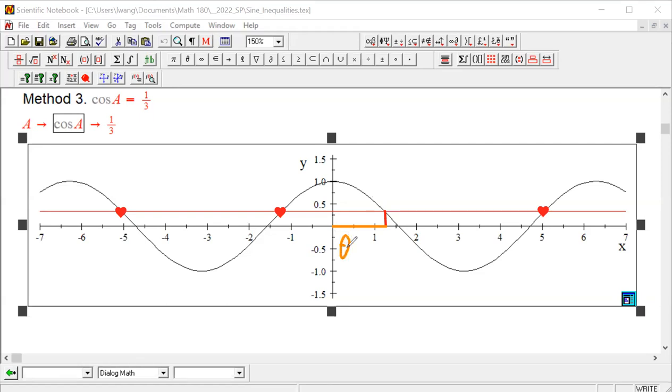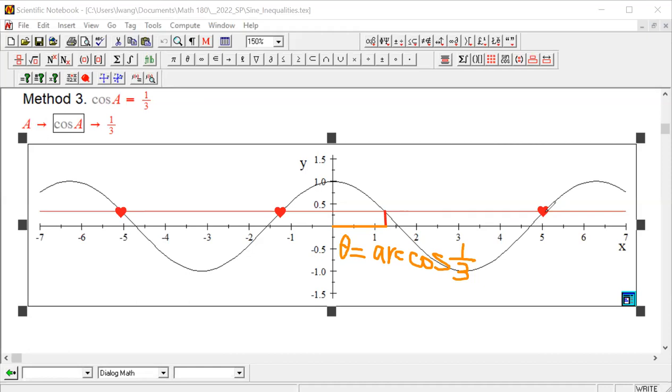So theta is equal to arccosine 1/3. It's the arc length, it's the radian of the angle, etc. And this other one, of course, is negative theta, right?